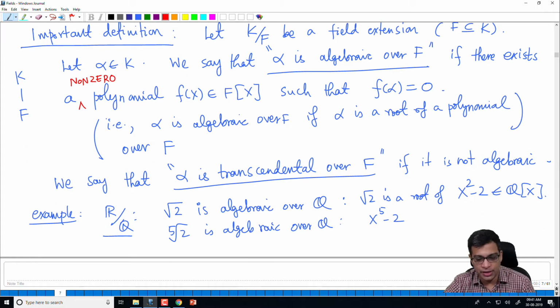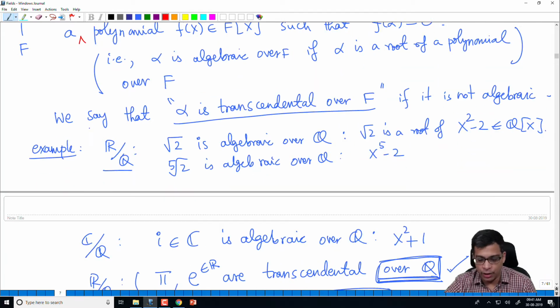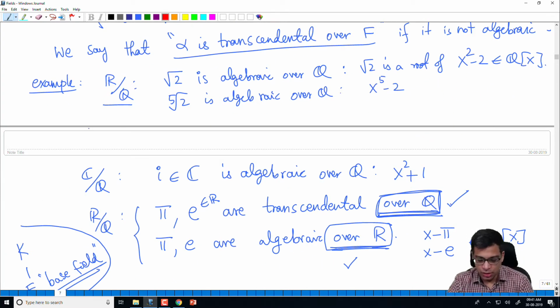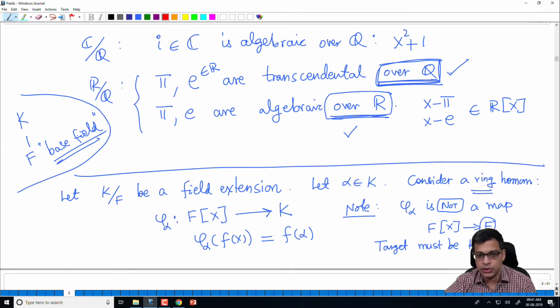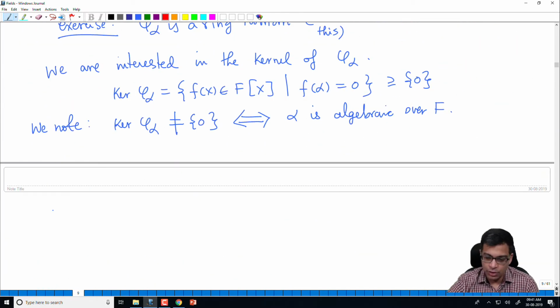So the whole trick is to demand a non-zero polynomial, because pi of course is the root of the 0 polynomial over Q, but we still say pi is transcendental because there is no non-zero polynomial. So if alpha is algebraic, then there is a non-zero polynomial for which alpha is a root. That non-zero polynomial will be in the kernel of phi alpha.